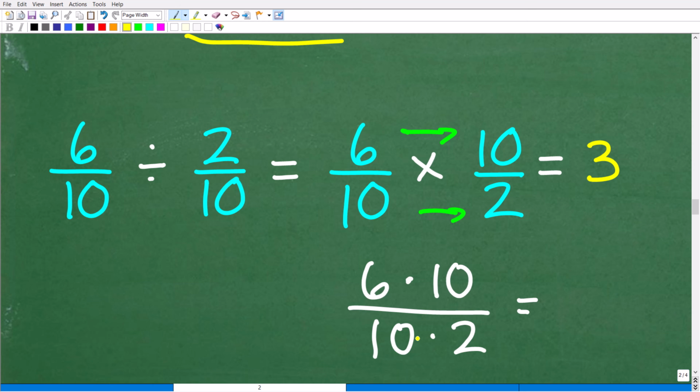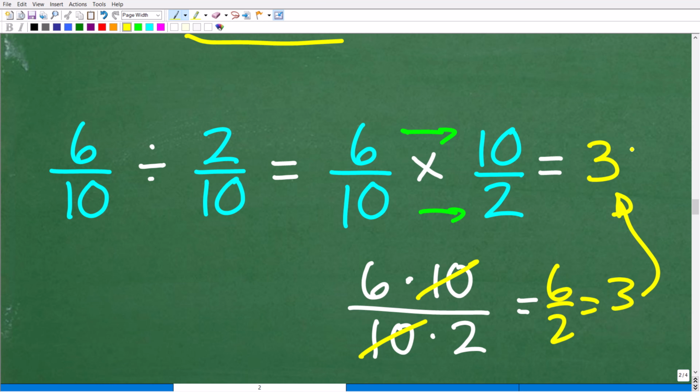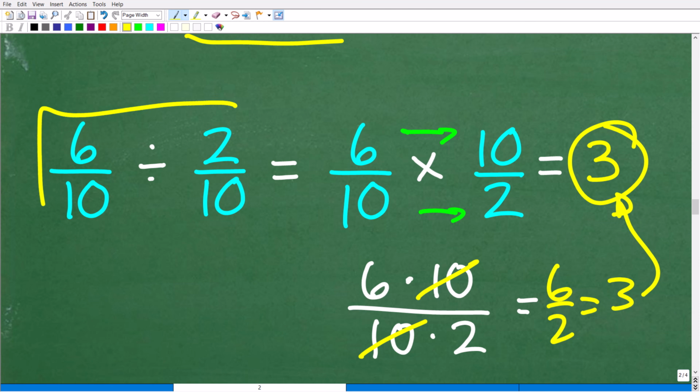In other words, these are factors of a number. So 6 times 10 is 60, 10 times 2 is 20. So these are factors of those respective numbers. But if we have the same factor, you can cross-cancel. In other words, we have a 10 in the numerator and a 10 in the denominator. We can get rid of that. So we're just left with this problem, 6 divided by 2, which of course is 3. Okay, so that's how we got 3 from this.